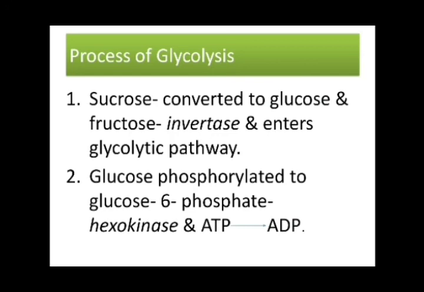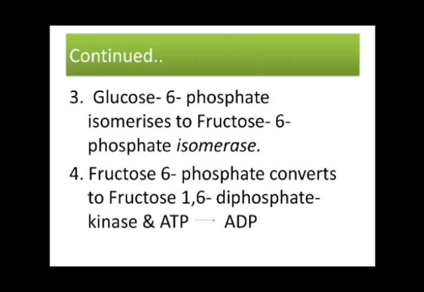As we know, sucrose is the byproduct of photosynthesis, which is converted into glucose and fructose with the help of invertase and then enters the glycolytic pathway. This glucose gets phosphorylated to glucose 6-phosphate with the help of ATP and the enzyme hexokinase.